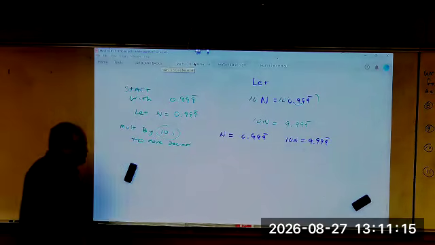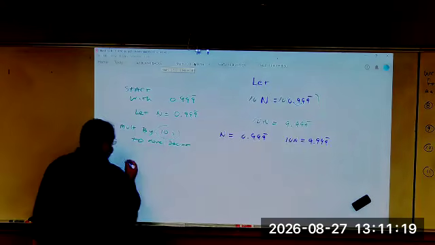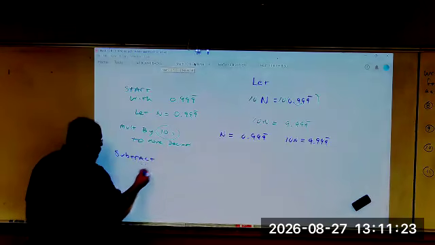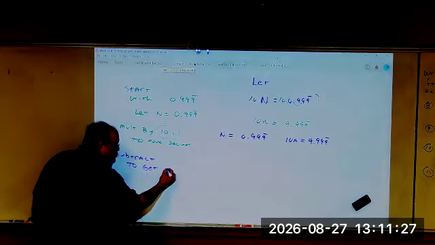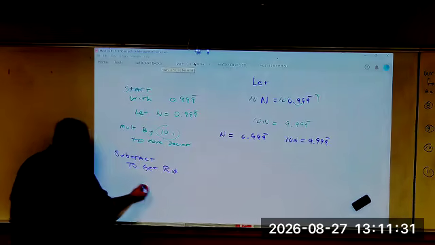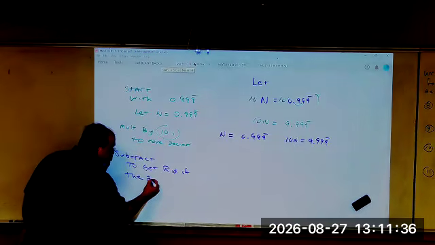Now I'm going to subtract to get rid of the repeating decimal.